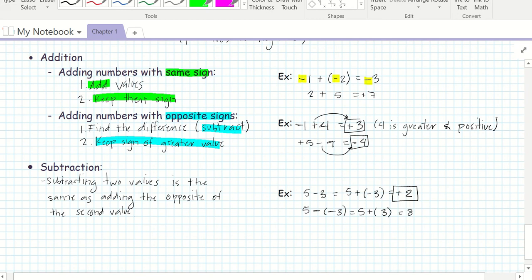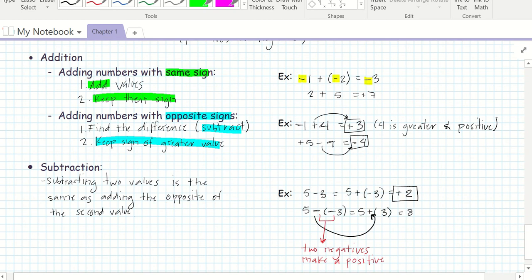Again, notice how that negative became a positive. So usually what people say is that when we have two negatives, they make a positive, because we know we are turning that subtraction into an addition, and we're switching the sign of the second value, right?